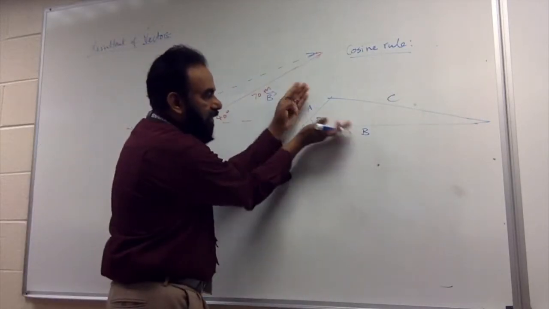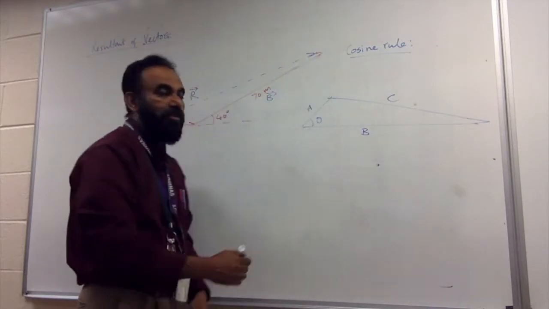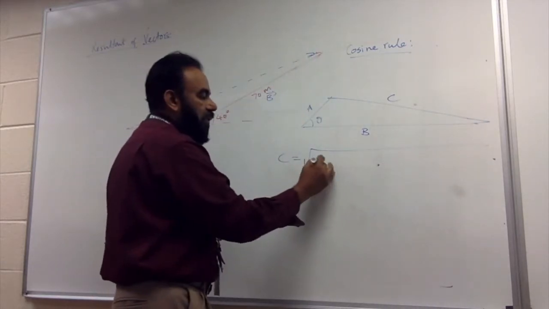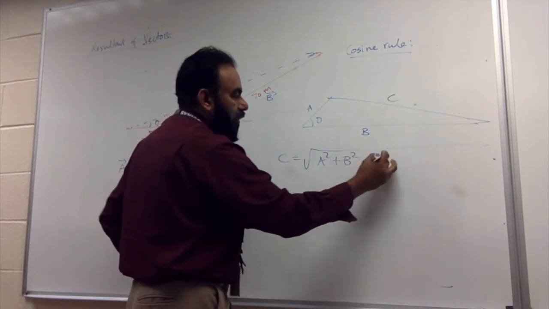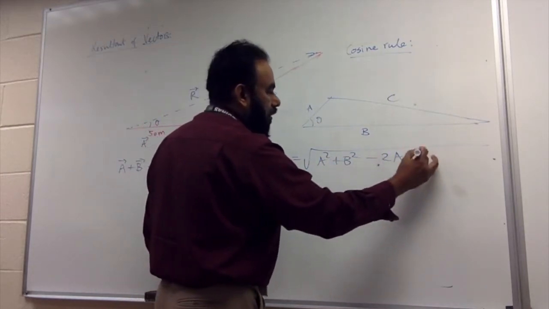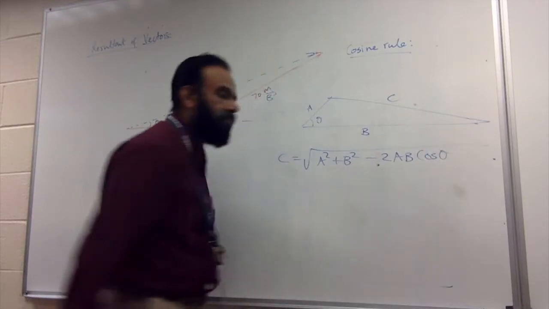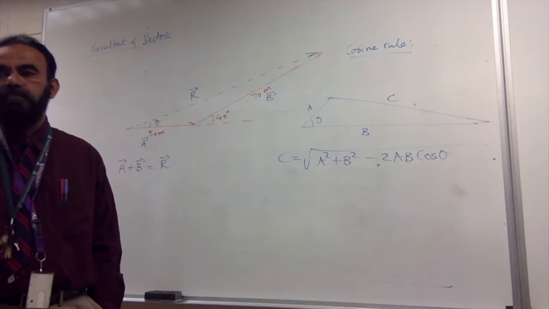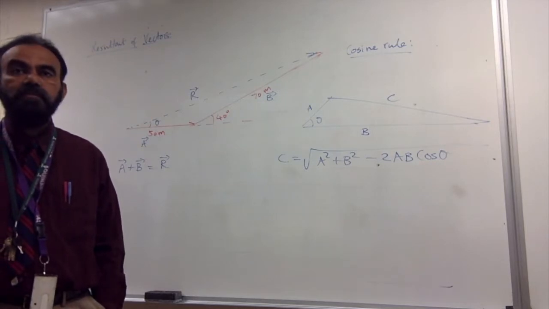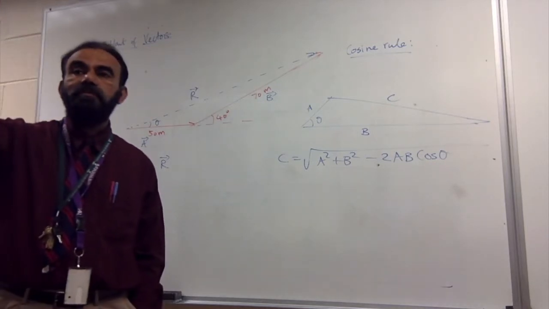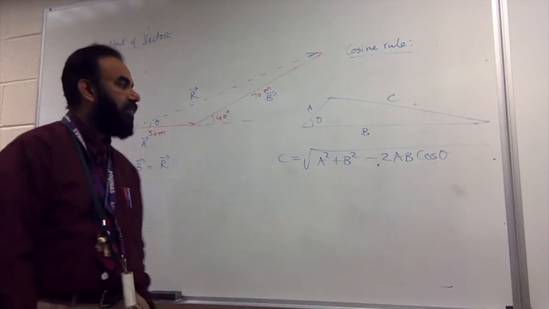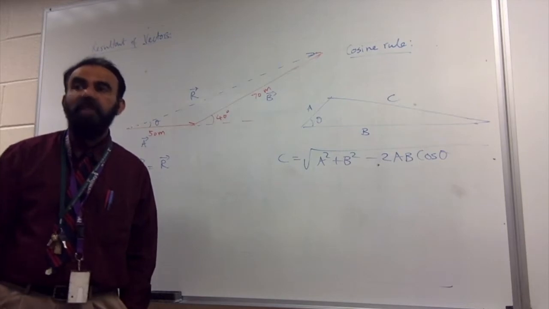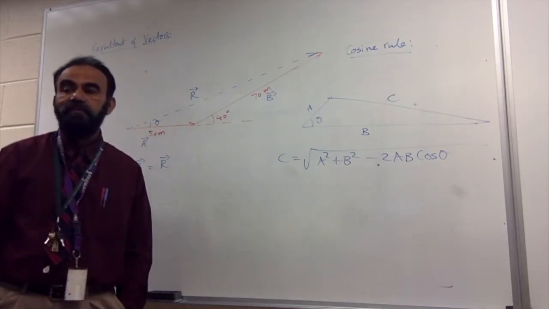If the two sides and the angle contained are known, I will be able to do that by using C is equal to square root of A square plus B square minus 2AB cosine theta. That is called the cosine rule. Have you used it in the past? Question? Somebody's got a question? No. Alright, C is equal to square root of A square plus B square minus 2AB cosine theta will help you to get C, the third side.